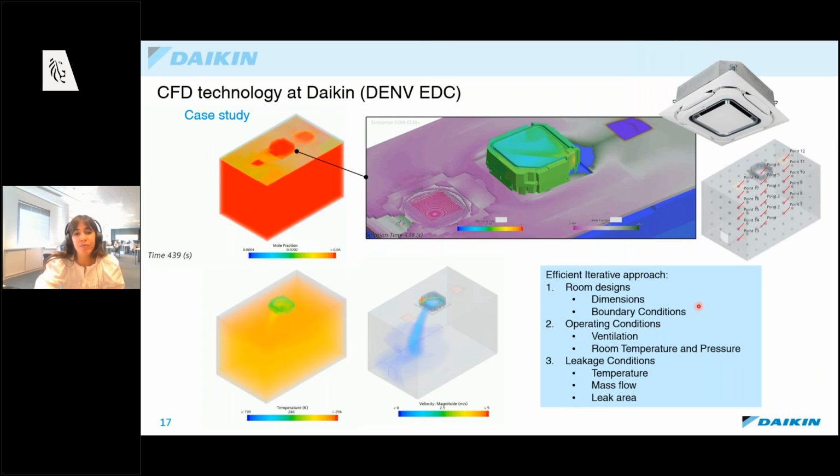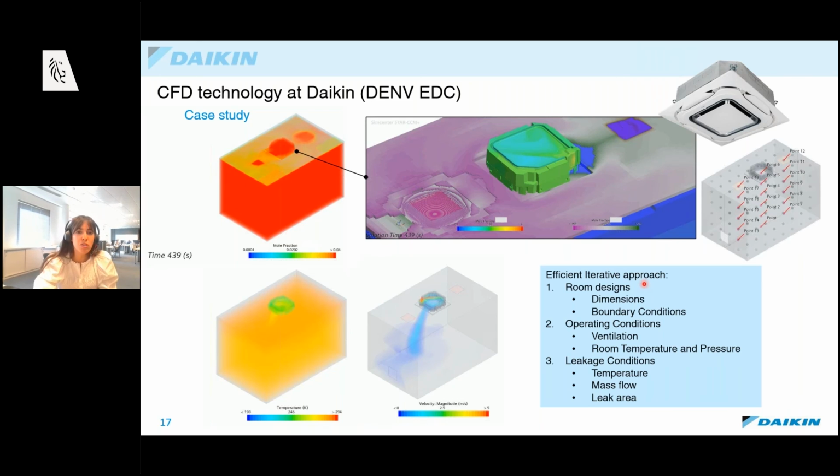Also, we can vary the operation conditions. We can check what happens if at the beginning the room is at a certain temperature, what happens if we have a certain pressure there, what is the impact from this problem itself. And also, of course, the leakage conditions. It's not the same if you have one refrigerant or another, if you have the refrigerant coming from a certain temperature or a certain mass flow, also if the leak area changes itself.